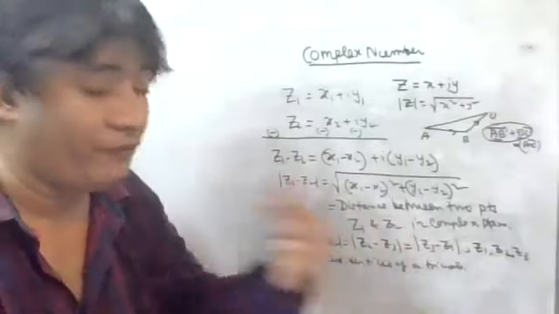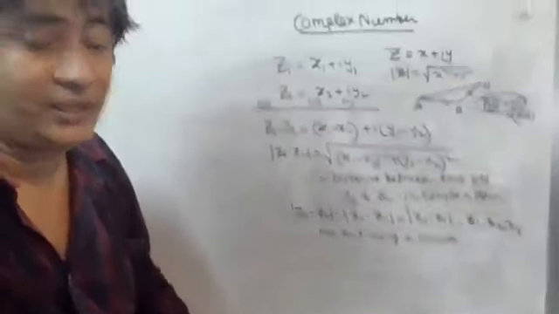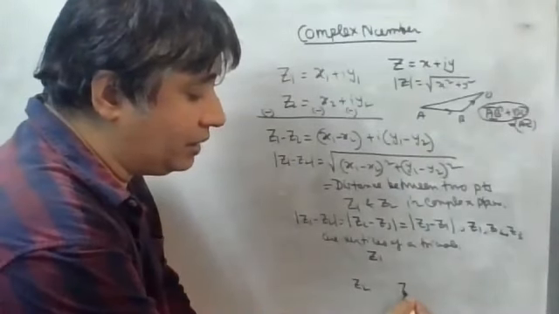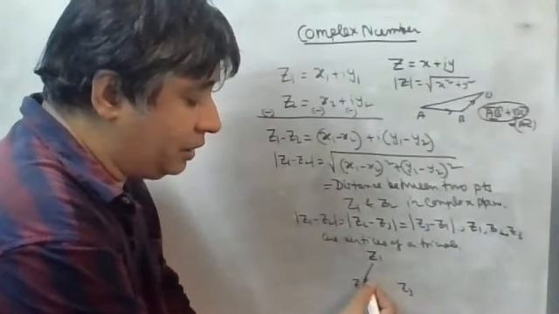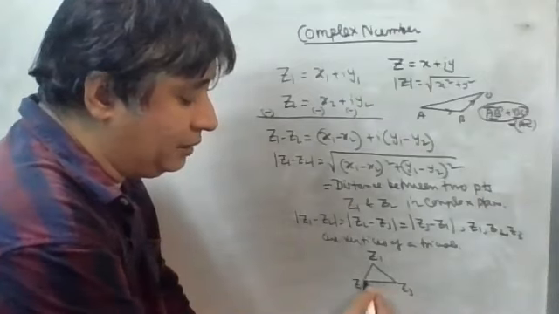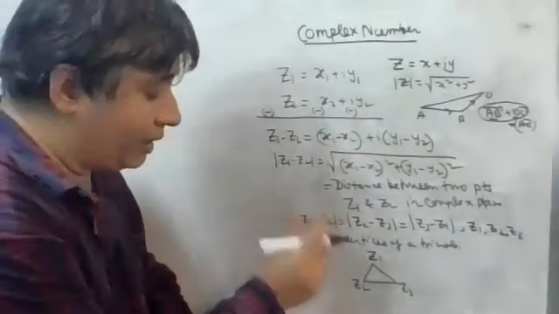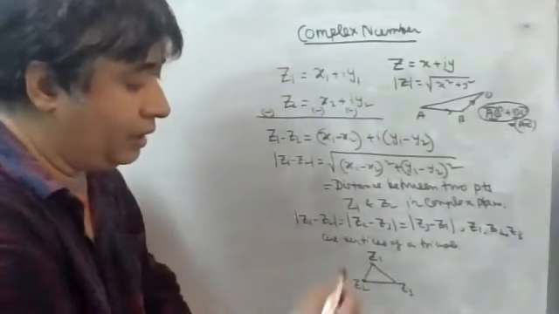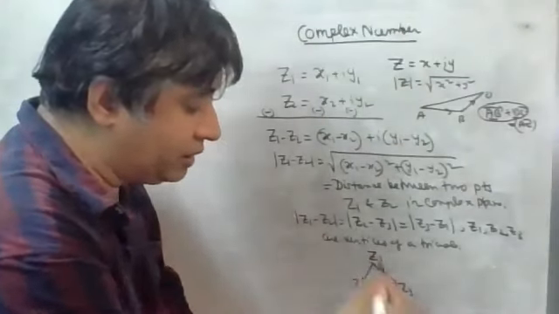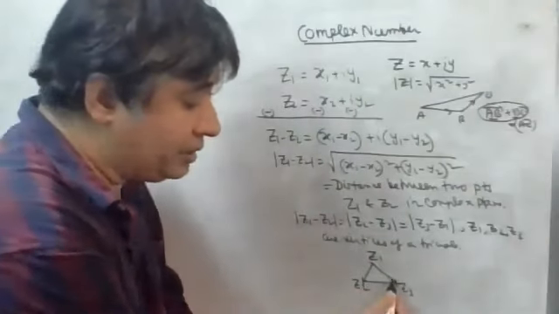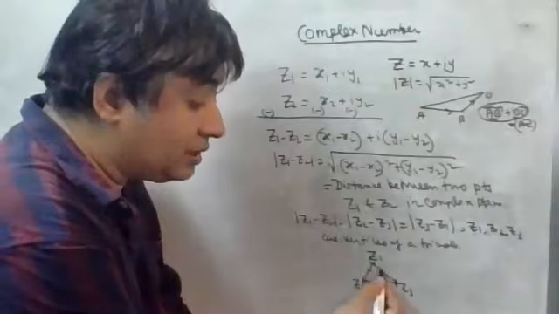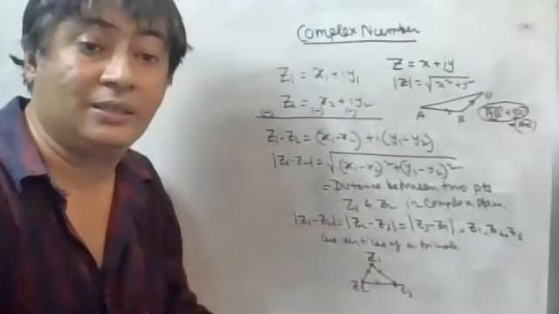This means the distance between z1 and z2 is equal to the distance between z2 and z3 is equal to the distance between z3 and z1. So this is nothing but an equilateral triangle.